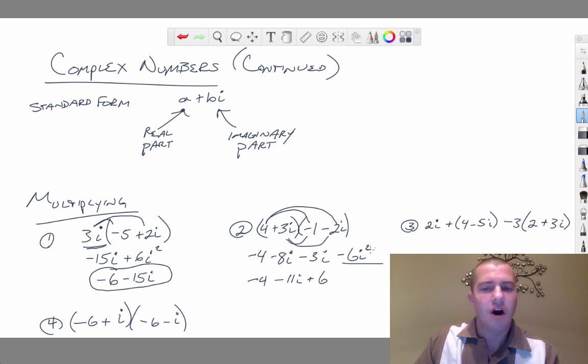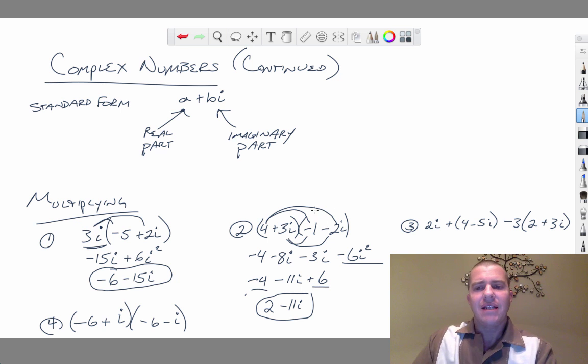Remember that basically all you need to do is when you get rid of this i squared, because it becomes negative 1, you multiply by negative 1, which really just changes the sign. So as long as when you get rid of that, change that sign, and you're all good. And now I can combine this negative 4 and positive 6, and that becomes positive 2, and I'm writing that real part first, minus 11i.